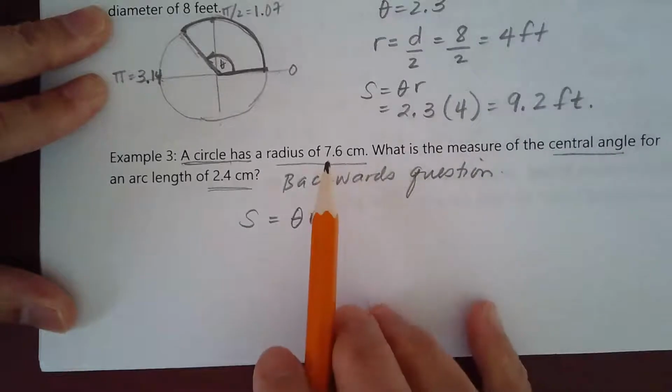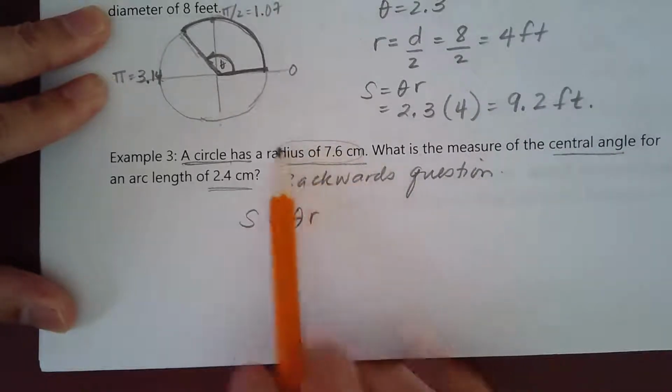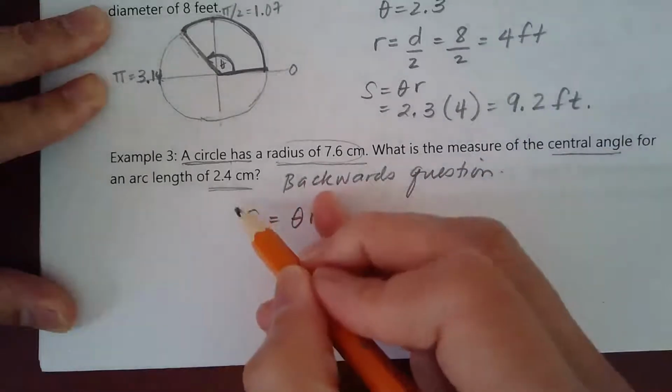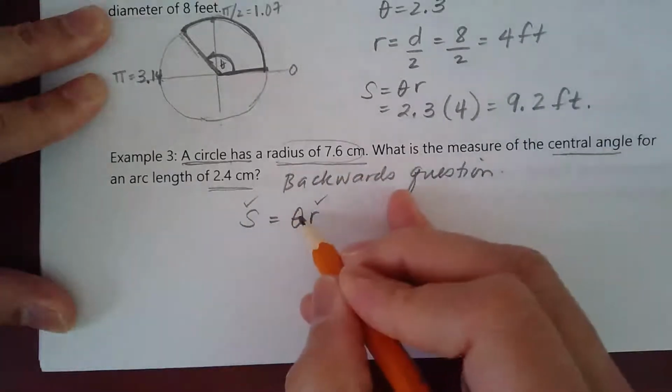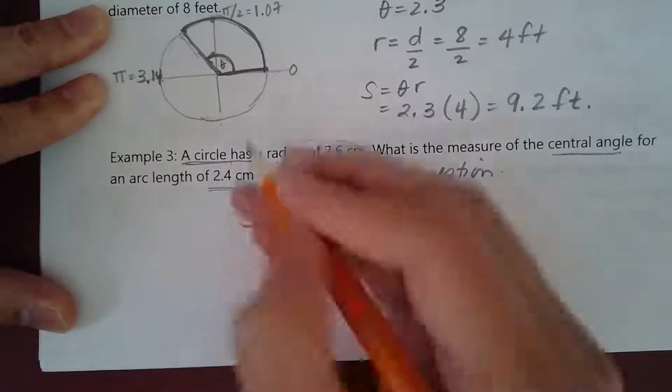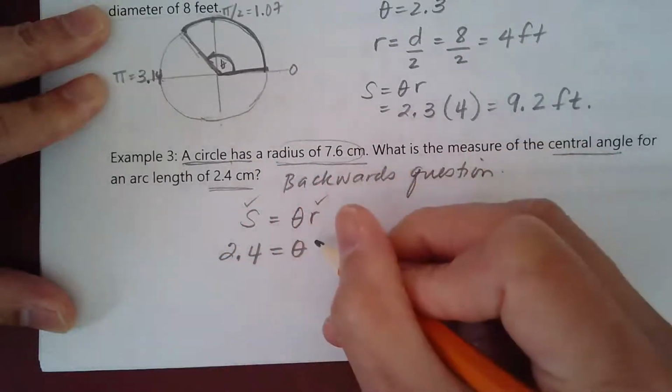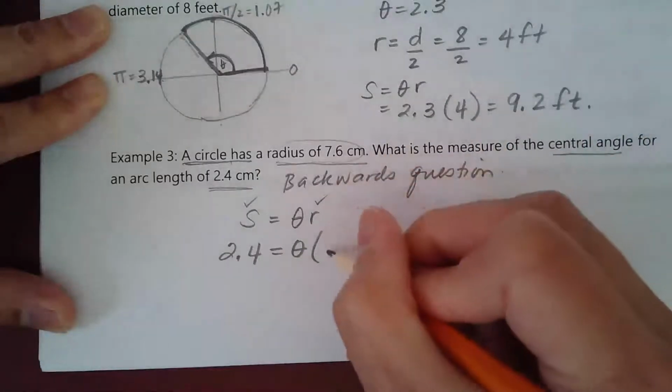So what other information do we have? They're giving us the radius, and they're giving us the arc length. So we're looking for theta. So arc length 2.4 equals theta times r. R is 7.6.